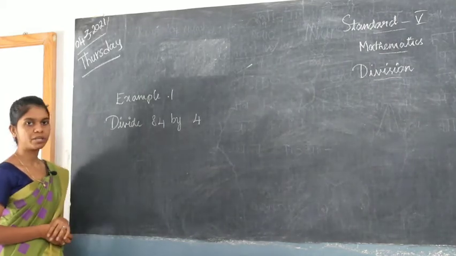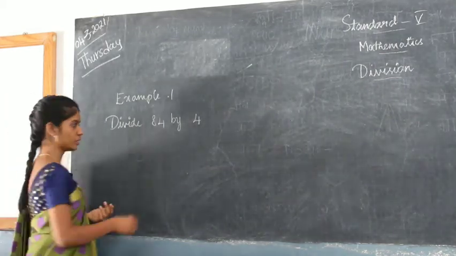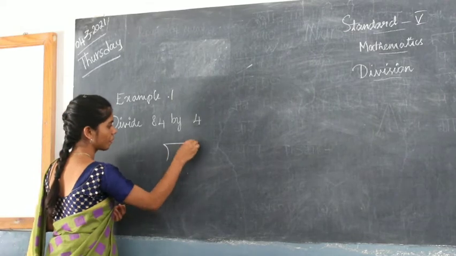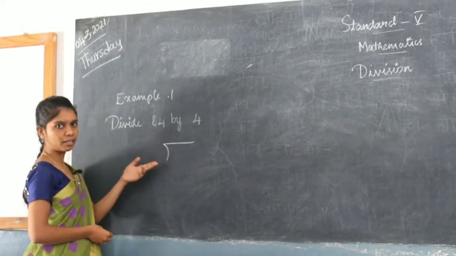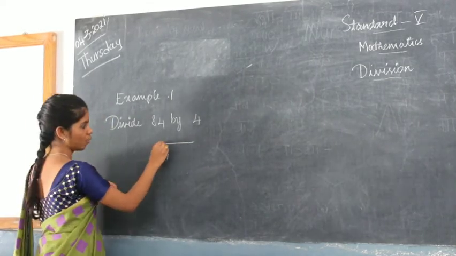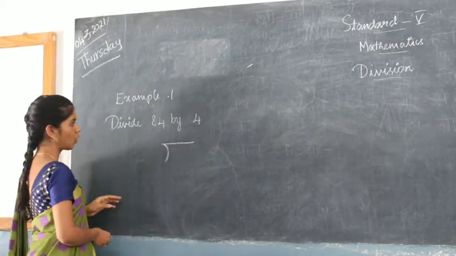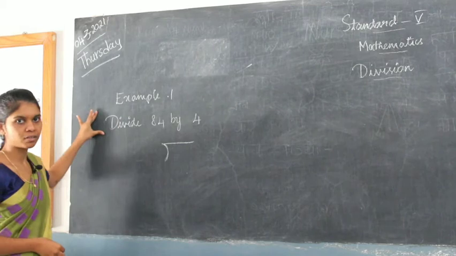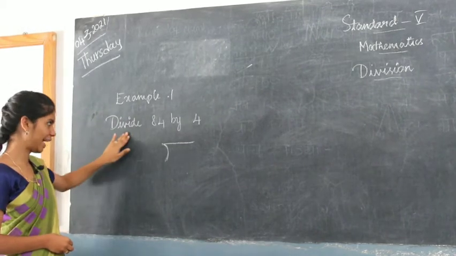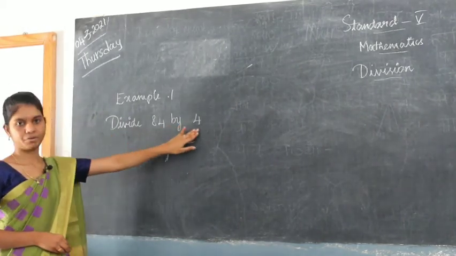Okay. So in algorithm method, what you will do is you will first put a line and a curve like this. First one curve and then one line on top of it. So first one, what they are telling you in the question is divide 84 by 4.